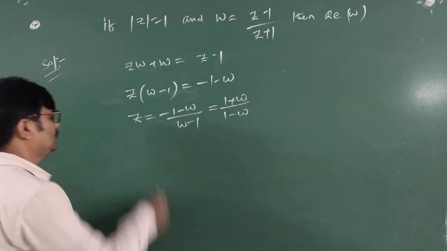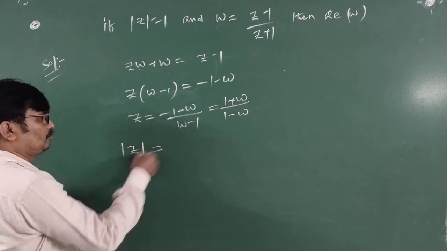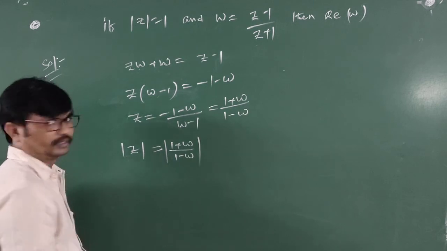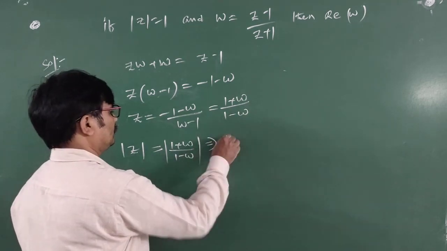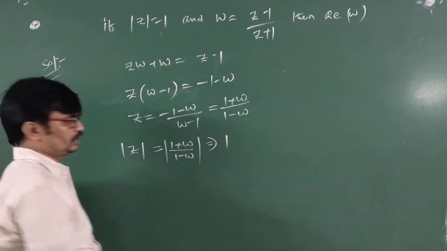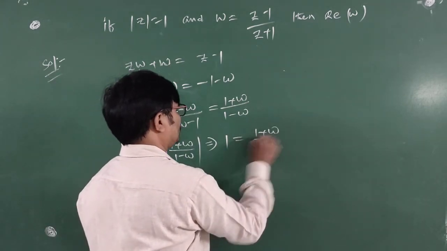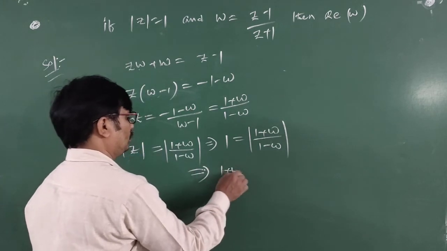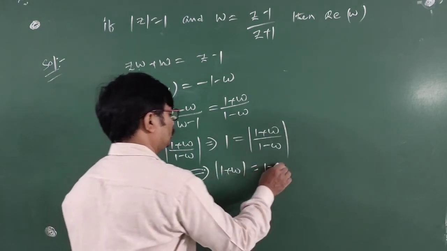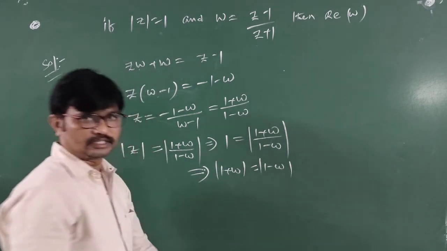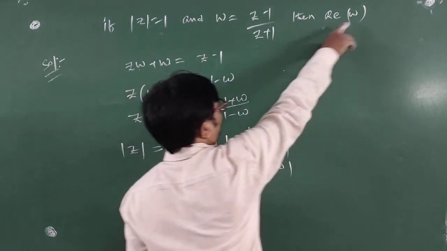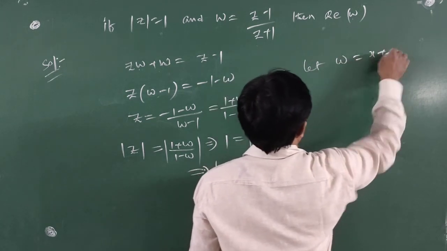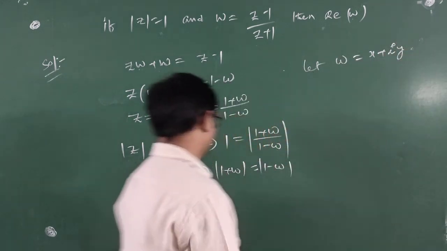So students, what we observed here: taking modulus on both sides, mod of 1 plus omega by 1 minus omega, and we know that mod omega is 1. So mod of 1 plus omega equals mod of 1 minus omega. Suppose we take w as x plus iy.